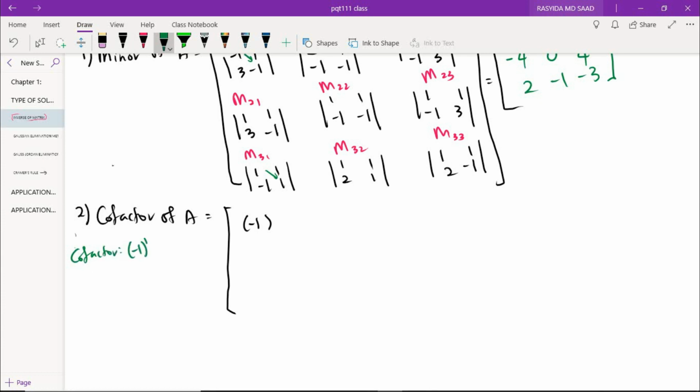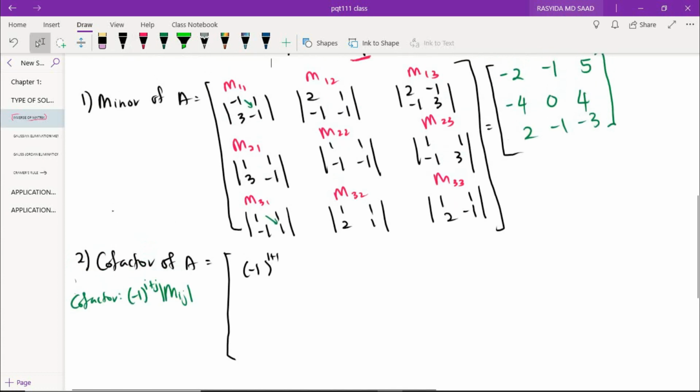So for this one, right now we want to find 1, 1, so 1 plus 1. Our minor for this one will be negative 2.